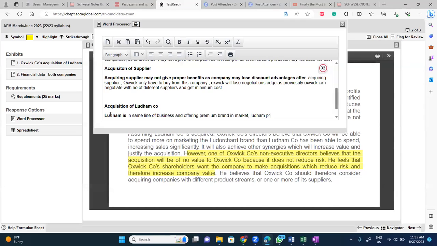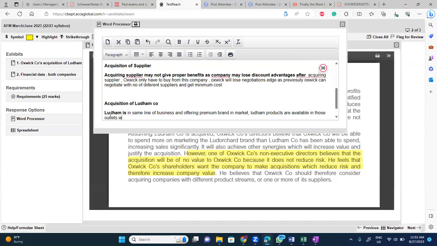Ludum products are available in those outlets where Oxwick products are not available.